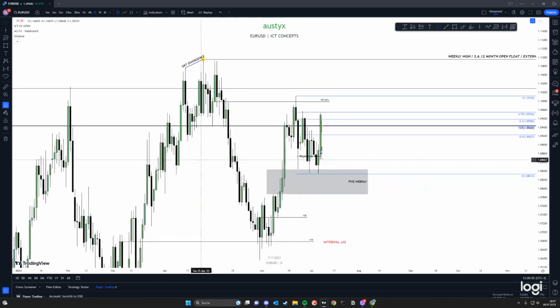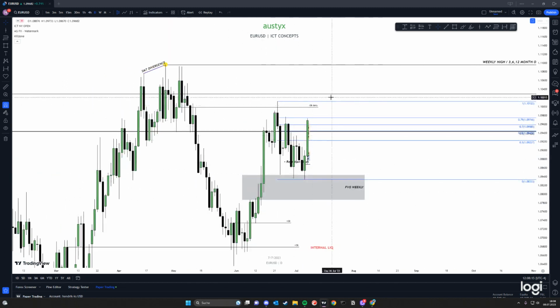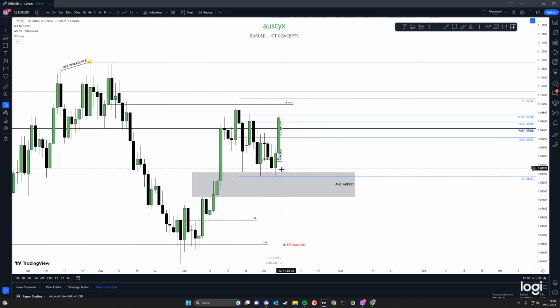Going back to charts. So we could reasonably expect it to rally up actually, because we've had these, what we talked about before, the weekly order block and the weekly imbalance, which came up rapidly, obviously.